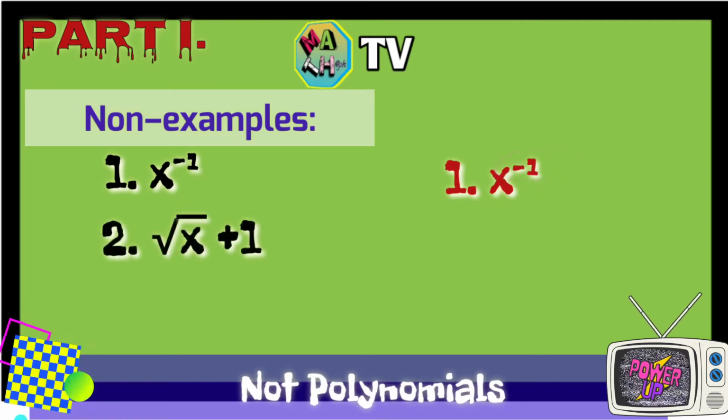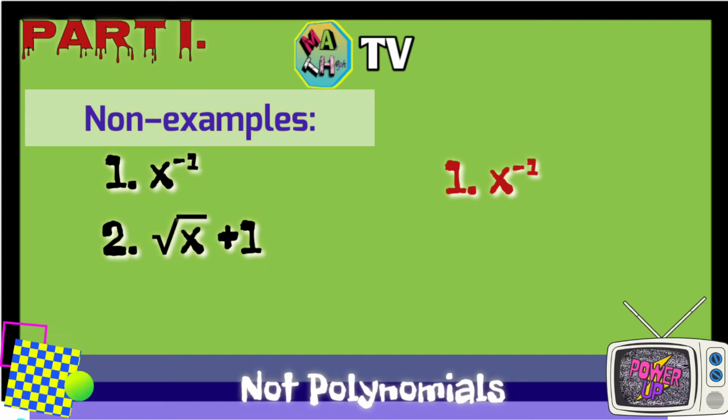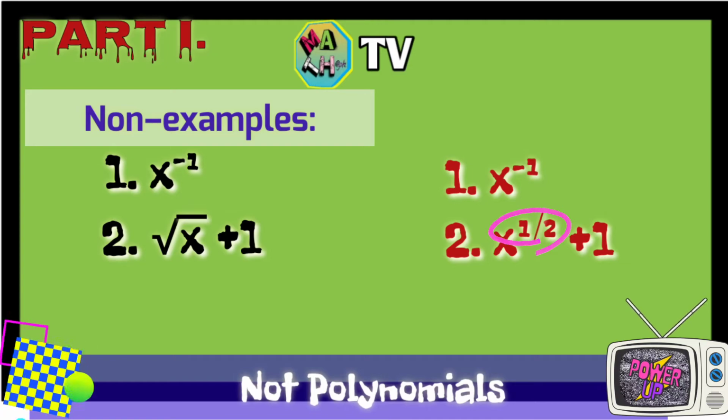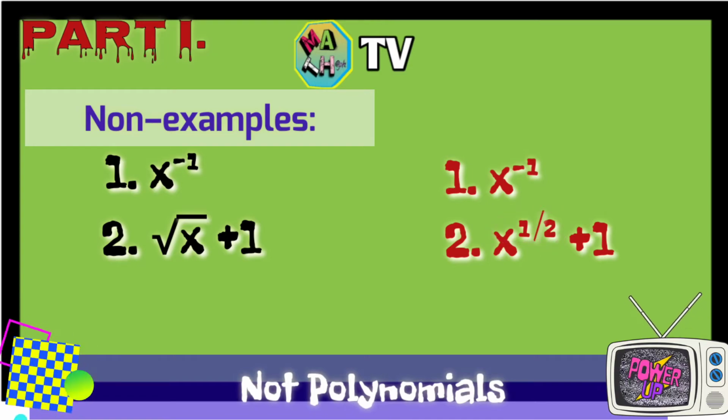Square root of x plus 1. So when we convert the root to exponent form, we see that the exponent is a fraction, so not an integer. So therefore, this is not a polynomial.